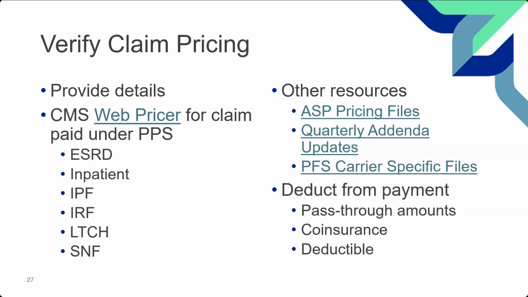The appeals department does receive a lot of requests on paid claims, indicating that the provider doesn't feel that the payment is correct. Many times the provider states that they feel the claim is underpaid or overpaid without providing additional details.